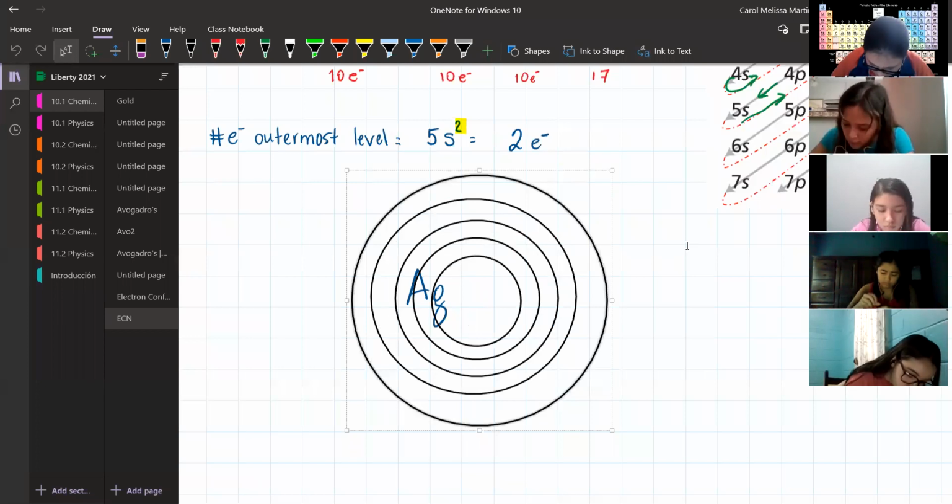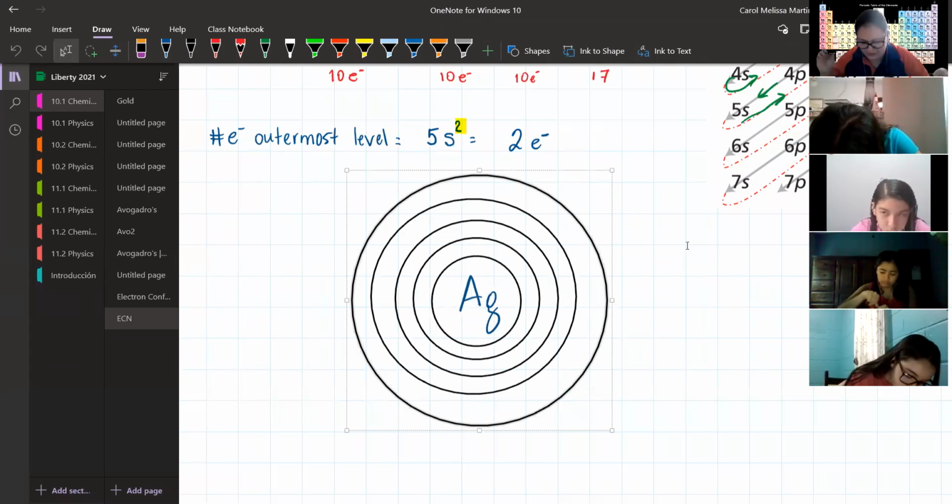And the next step is just to put the number of electrons in every single ring.